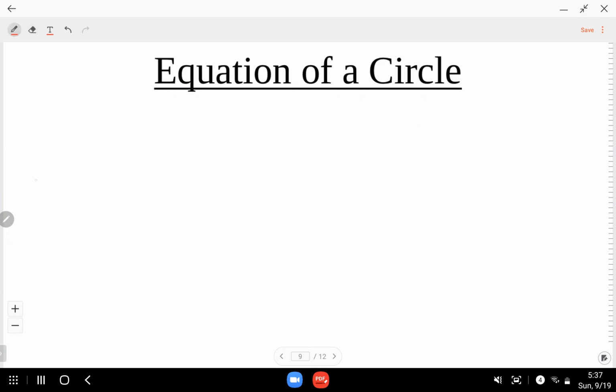So let's create our coordinate graph here. Let's draw our circle first.